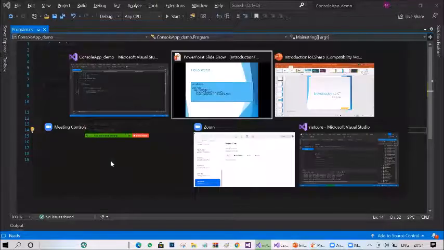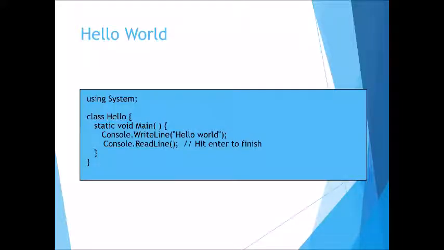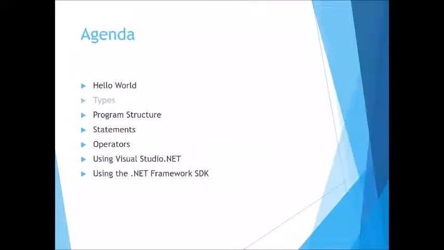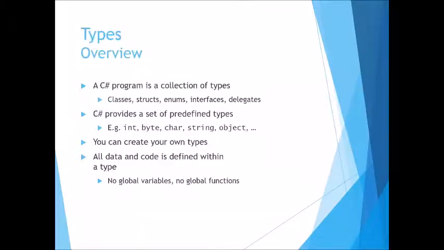Okay, let's flip back to our PowerPoint presentation. This is the way we have written the console application. There are different types available in C#: classes, structs, enums, interfaces, and delegates. Predefined types are int, byte, char, string, etc. Also, you can create your own types.